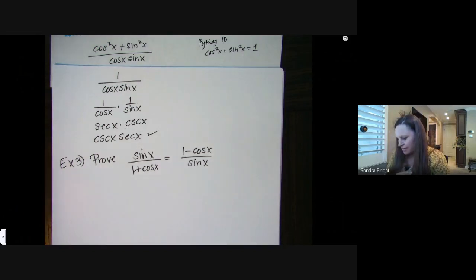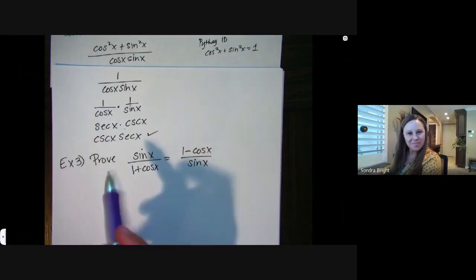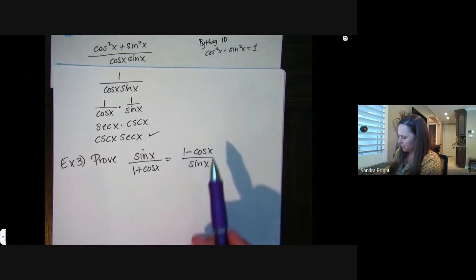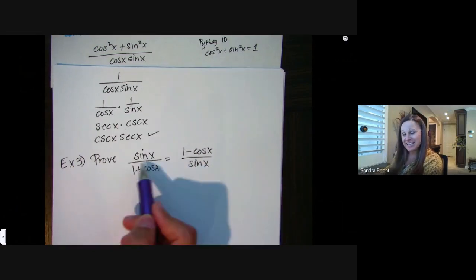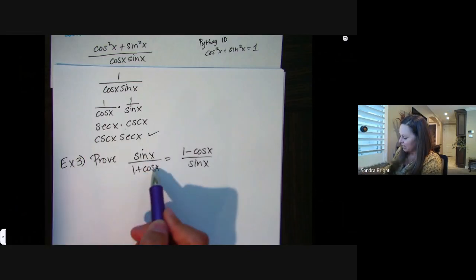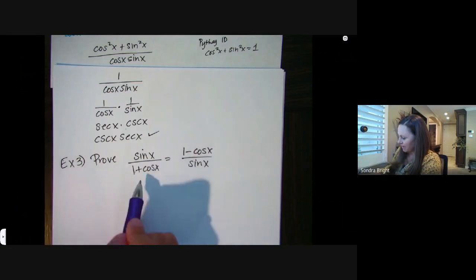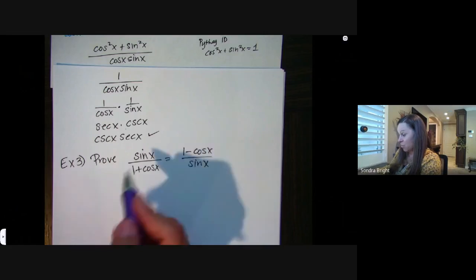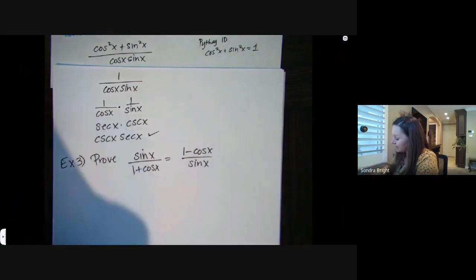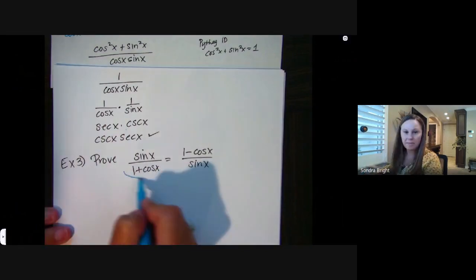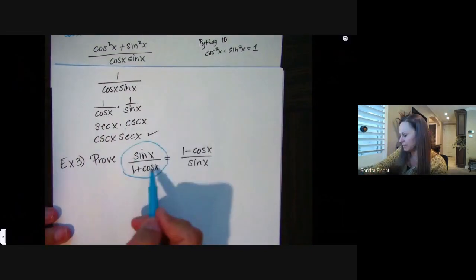But here's a hint: the right-hand side has just a single term in the denominator, versus this one has 2 terms in the denominator. So the left-hand side is more complicated. I know that sounds weird, but it's because you've got a binomial in the bottom. You've got 2 terms in the denominator there.